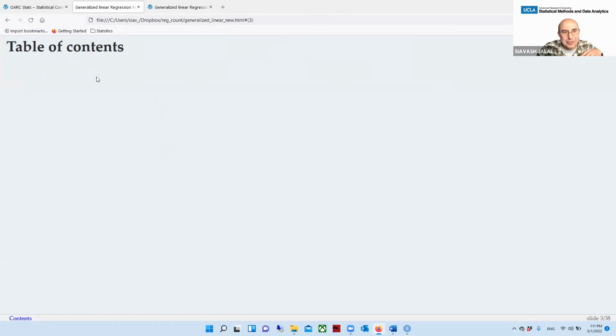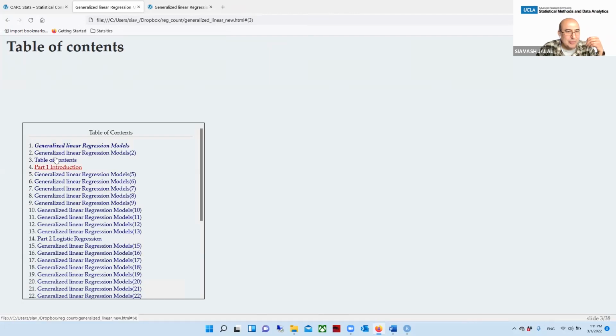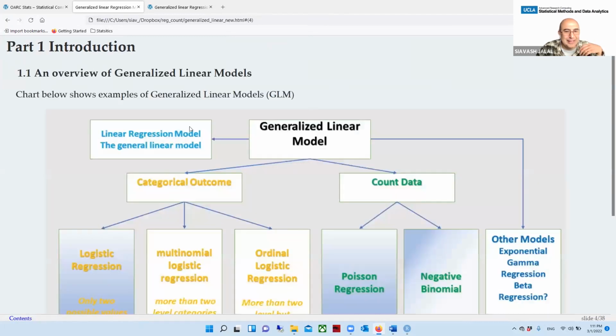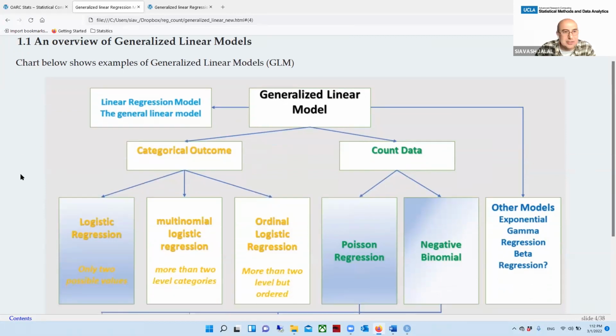I wanted to make sure it's able to go to the page. It was taking a lot of time, so I didn't put it there. But you can jump over pages using this. Somehow it doesn't show, it shows part by part, but it's okay. So hopefully I will be able to figure out how to put the table of contents on the first page using R Markdown. Actually, I created these slides using R also.